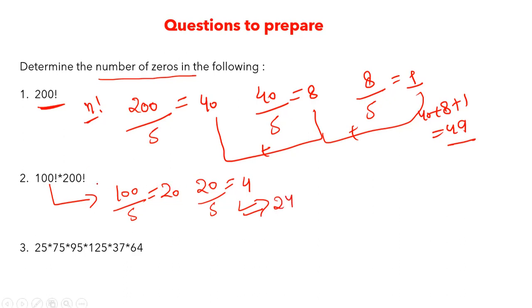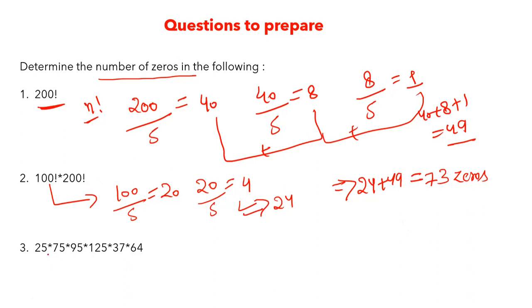Now let's take 200 factorial. I just showed you that it has 49 zeros. So let's add them. 24 plus 49. 9 plus 4 is 13, so 73. So this number, that is 100 factorial into 200 factorial, is going to have 73 zeros.